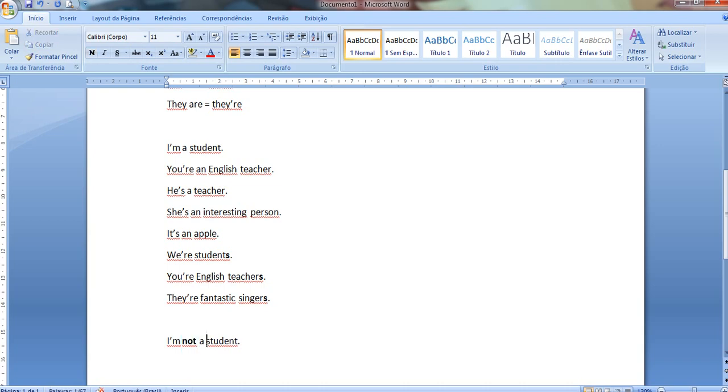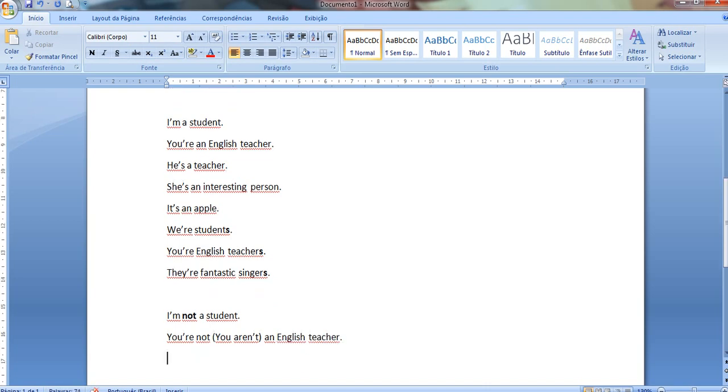Negative form in singular form. Okay? We have here you're not. Okay, that form is the same as you aren't. That's the contraction form. You aren't an English teacher.